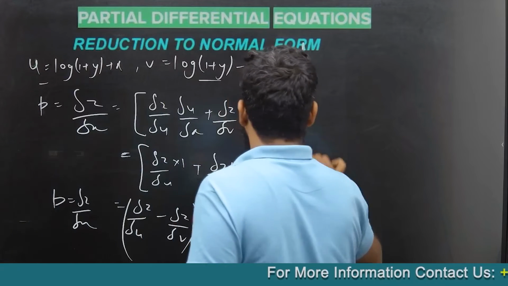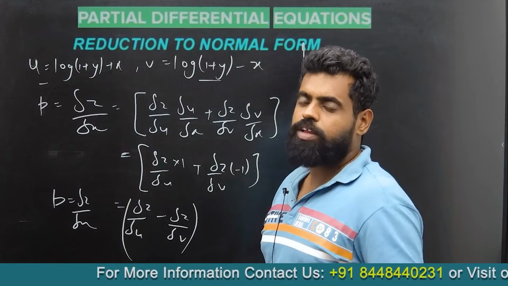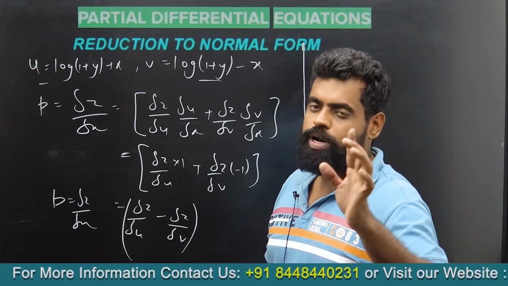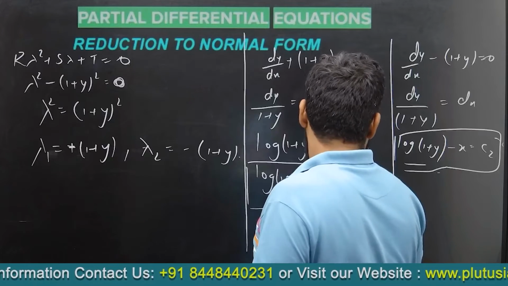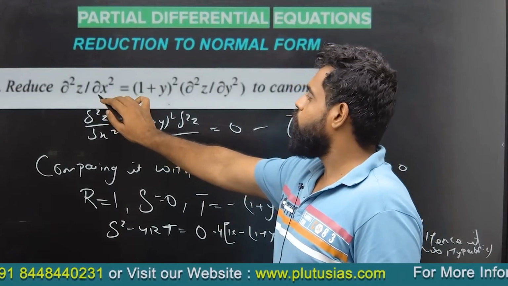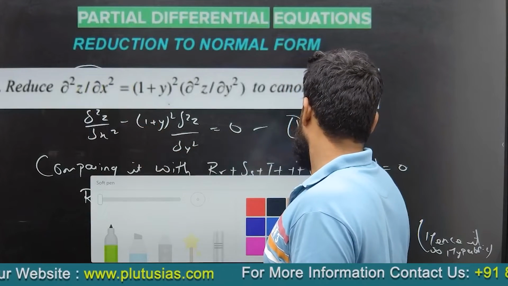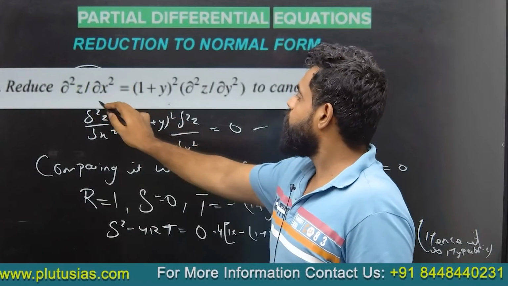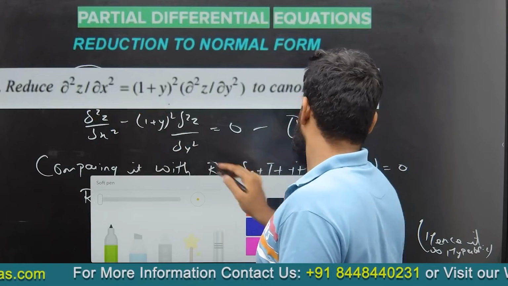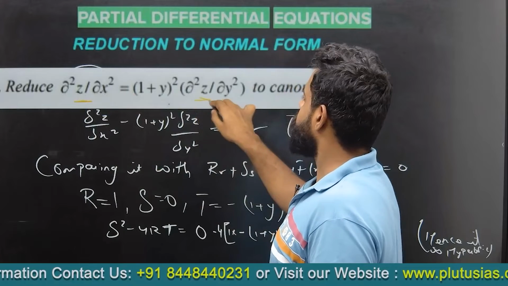Again, in the equation we need the value of delta square z upon delta x square. See, this is the equation. So we have to change this into canonical form. So we have to find the value of this and this.